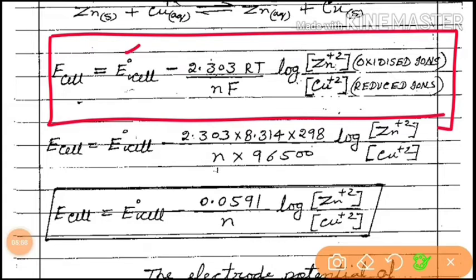When we solve any numerical, we first calculate the E naught cell, and afterwards minus 2.303 constant, R is the gas constant, T is the temperature, F is the Faraday constant, and the Faraday constant value is 96,500. So all these values we put here and we calculate. 2.303, R value 8.314, temperature we keep 298, and the Faraday constant, that is 96,500.